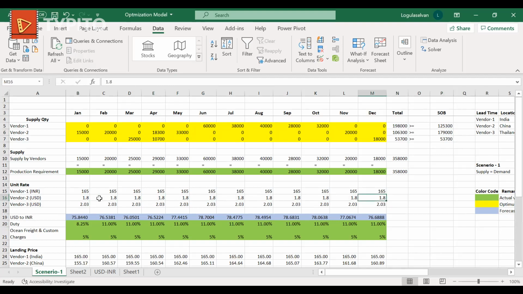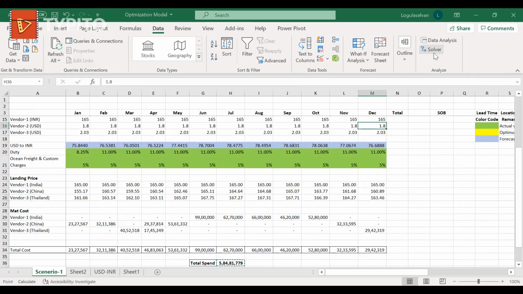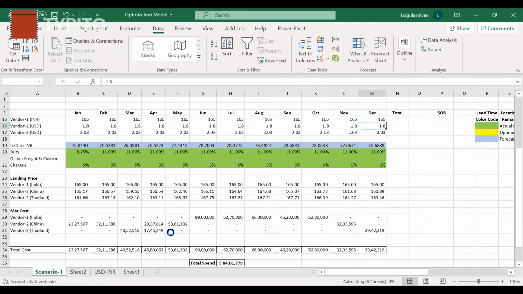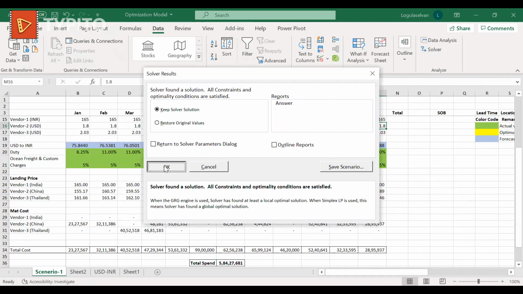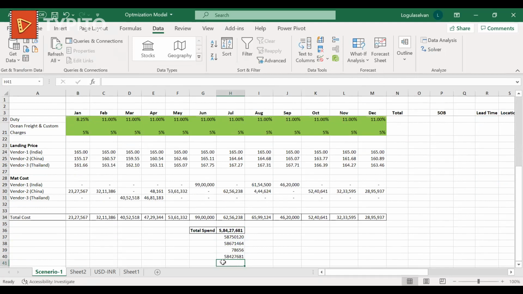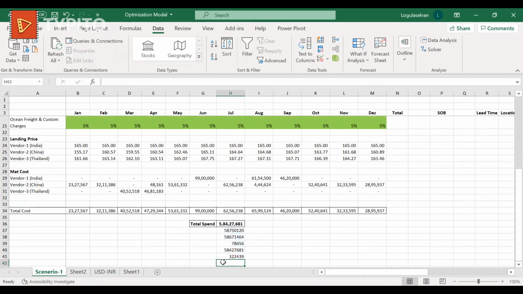Now, considering the same 50%, if the vendor is giving me $1.8, then solve it. $584, $27, $681. Now, compared to the first, this is giving me around 3 lakh saving.